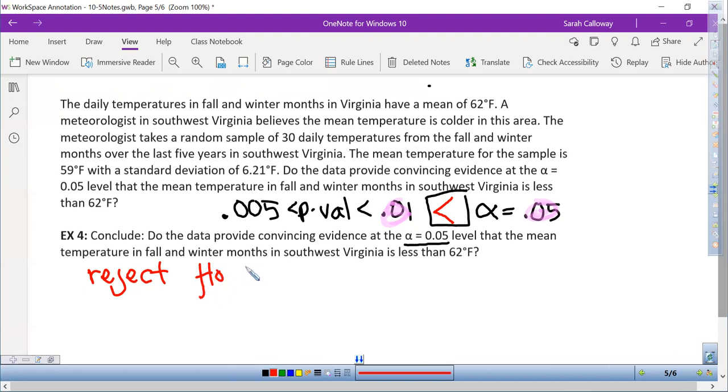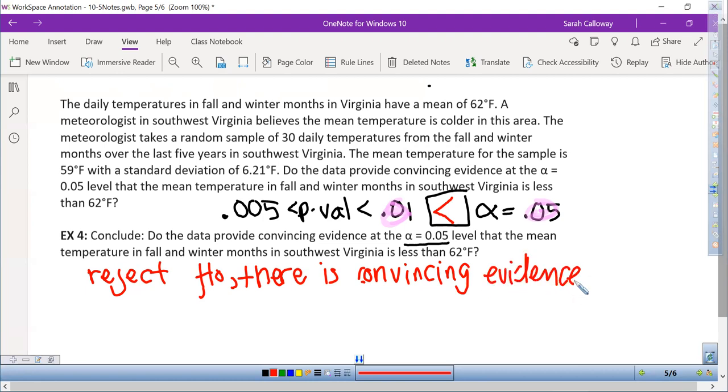which means that there is convincing evidence that the true mean temperature is less than 62 degrees Fahrenheit.